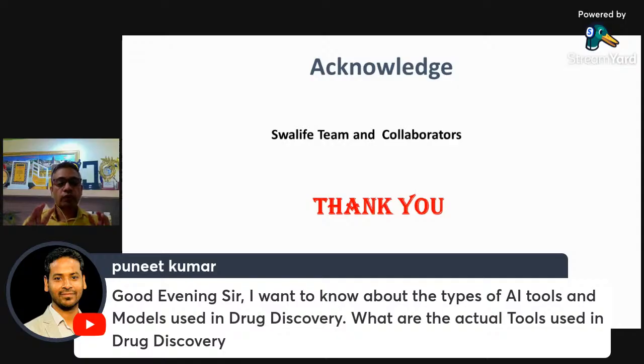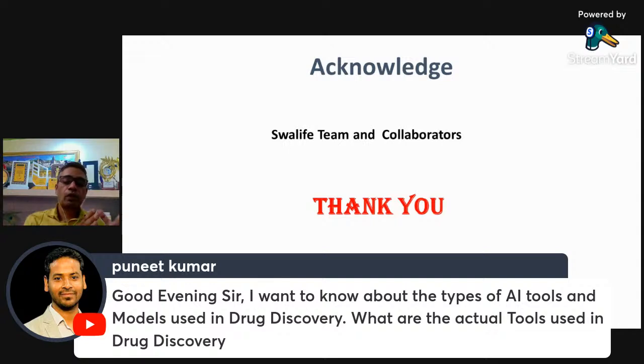I will show you a couple of tools which Swalife has developed. Similar open source tools are also available, which can be utilized if you are interested. But again, as I mentioned, it is very important that you understand the basics of AI when you are moving into a specific area. For example, if you are thinking of clinical trials, you need to understand how AI is going to work in clinical trials.